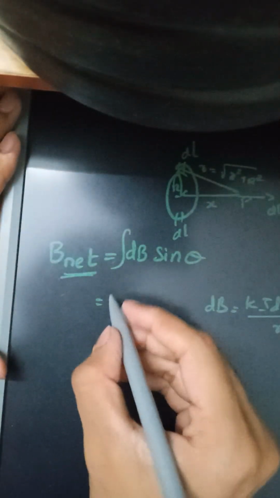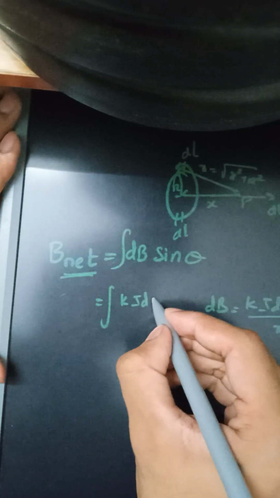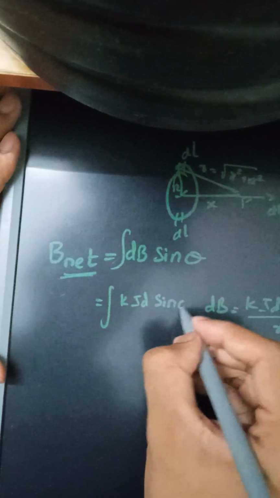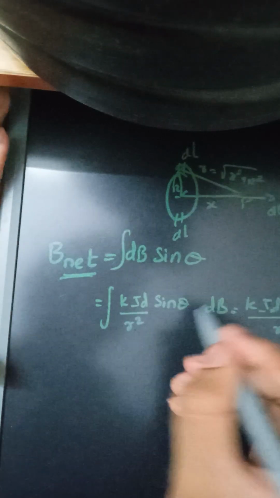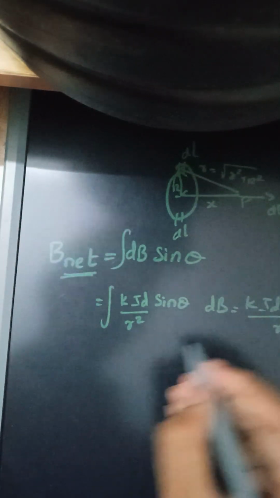So we will be getting integral k i dl sin theta by r square. So this is the integration formula, and we know that, wait, the small diagram for your reference I will be writing. This is the diagram.